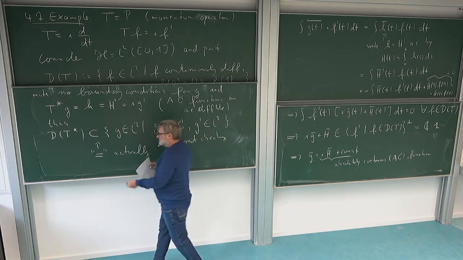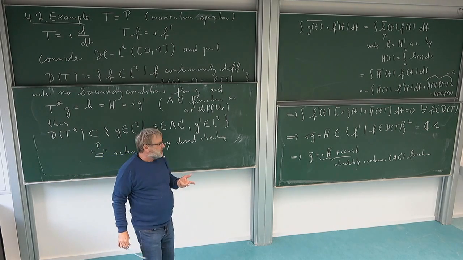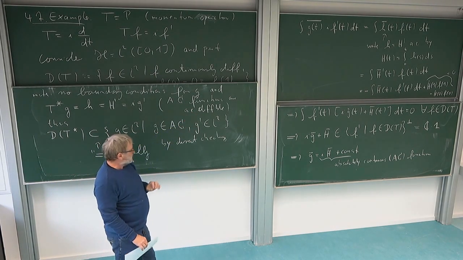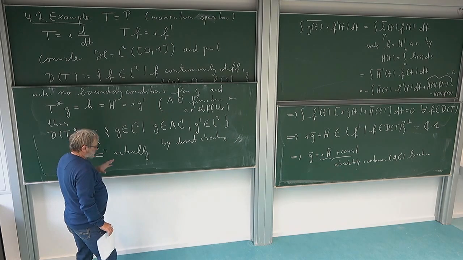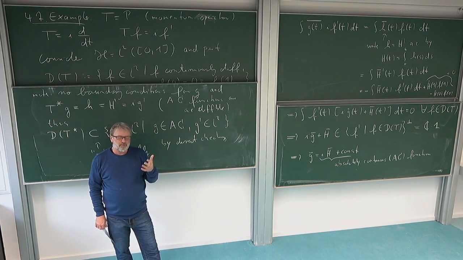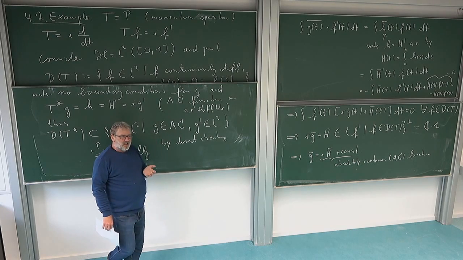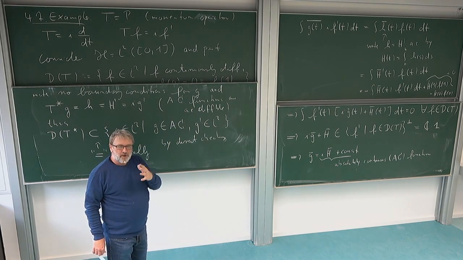I mean, showing that this is a subset, that was really the harder part, because there we had to calculate with the g without knowing a priori that we can take the derivative of g. If I start with a g with these properties, then I know that I can take the derivative, and then I just do the partial integration.